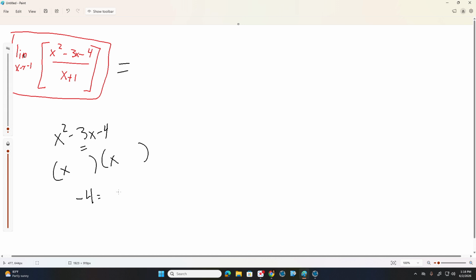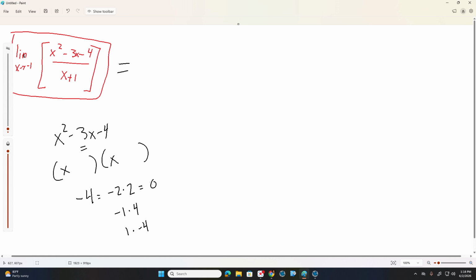So notice, I actually have even more options than we thought previously. I have negative 2 times positive 2, negative 1 times positive 4, but I also have 1 times negative 4. Technically, I could also make this one up. And so my question is, each of these will multiply to equal negative 4, and they'll go here. But which of these are going to combine to equal negative 3?